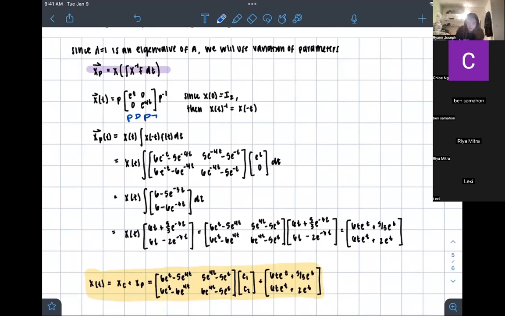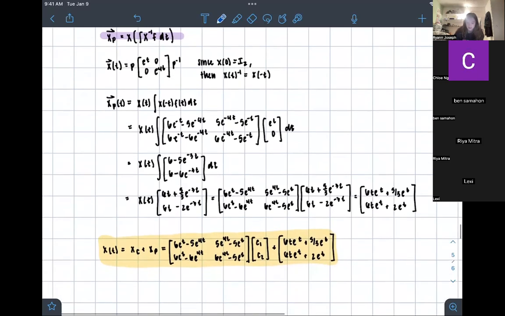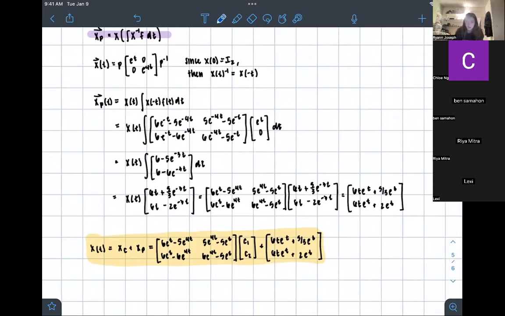It's equal to the inverse, e to the at, remember how this is equal to this. We need x, which is equal to e to the at, which is this. It's also the fundamental solutions matrix. Then you use this x, plug it in, and do a lot of calculus, lots of integrating. But that gets you your xp, which here is this matrix right here, which we just add.